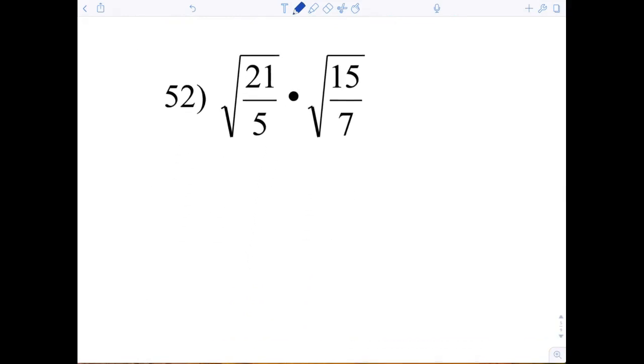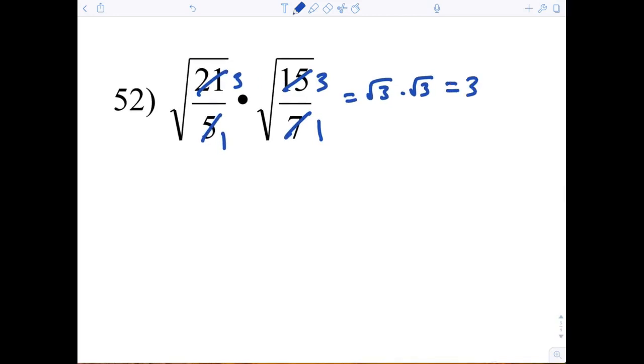On 52, listen, you can cross-reduce just like normal fractions. This is a 1. This becomes a what? 3. This is a 1. So I'm left with just the square root of 3 times the square root of 3, which is 3. That's it. That's how easy that was.